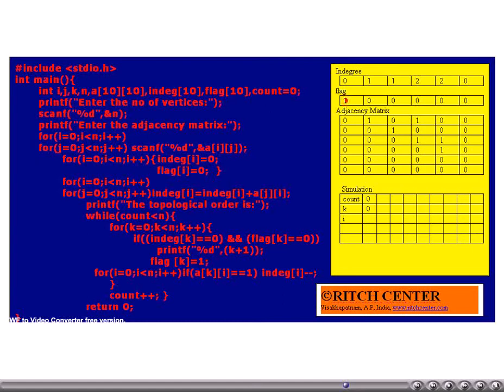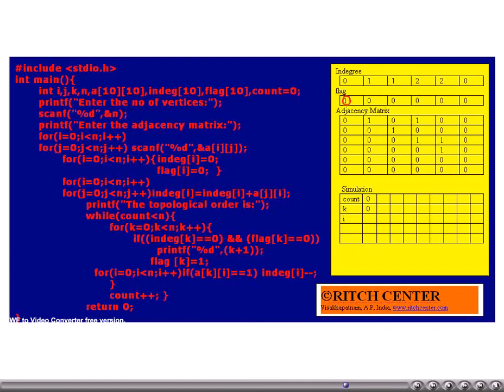And then we traverse that row, the 0th row, because we are selecting the first node, that is index 0, and identify its adjacent nodes. If you traverse the 0th row, you find 0, 1, 0, 1, 0, 0. It's indicating that the second node and the fourth node are the adjacents for this 0th node.